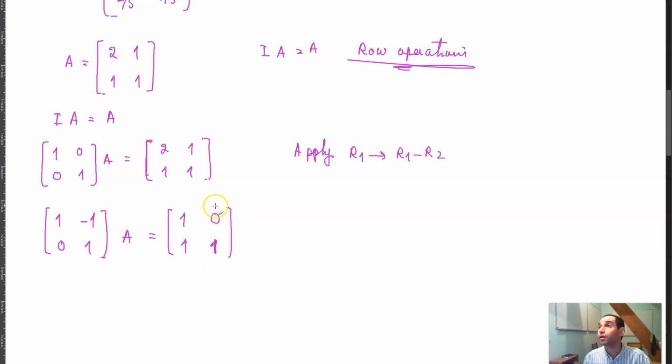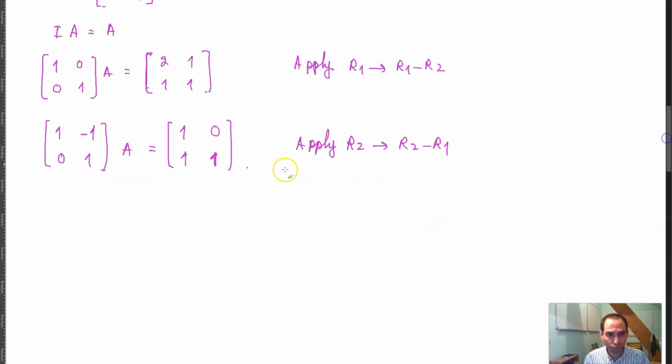And then if I apply R2 becomes R2 minus R1, the R1 basically remains the same, so 1, negative 1. R2 minus R1, 0 minus 1 is negative 1. 1 minus negative 1 is 1 plus 1, which is equal to 2.